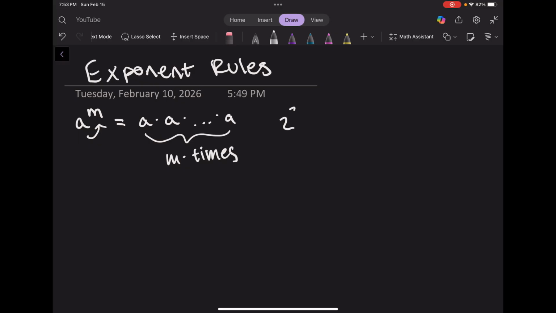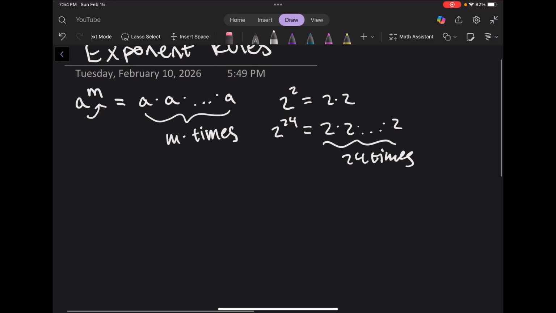An example of that is 2 to the second power. That's 2 times 2. Imagine 2 to the 24th power. Then we have 2 times 2 times dot dot dot times 2, 24 times. So that's the idea of an exponent.